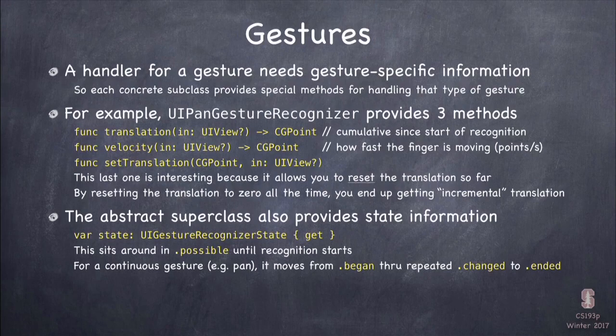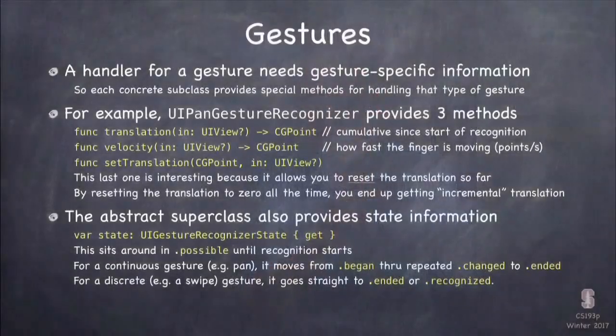Okay, so the system's like, oh, a pan, I think it started. So your handler is called, and you can look at the state of the recognizer and say, oh, it began. And then every time the finger moves, it's going to get changed. It changed, it changed, it changed. Okay, you're getting your handler called repeatedly, and the only thing that's changing is those methods above, translation, and also the state moves to changed. And then when the finger goes up, you get ended. Okay, you'll get your handler called, and the state will be ended.